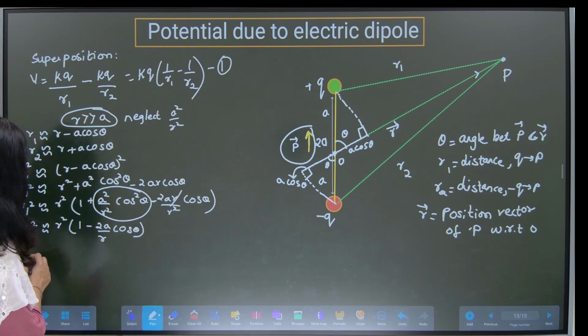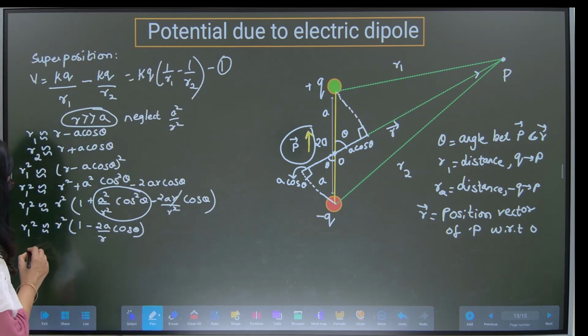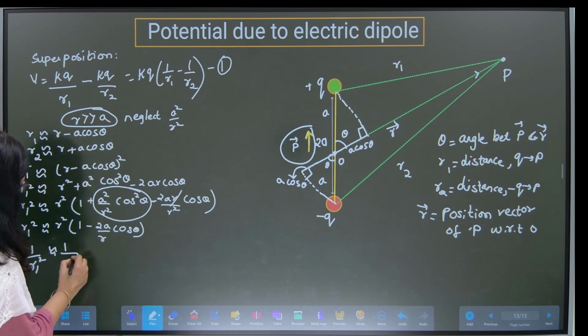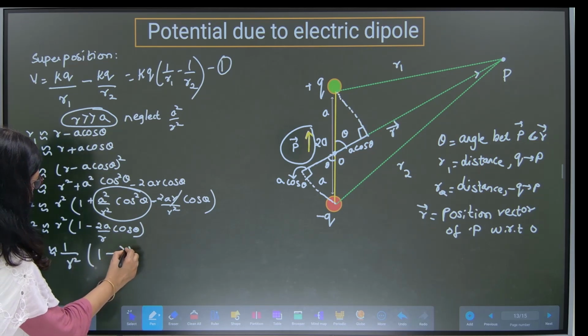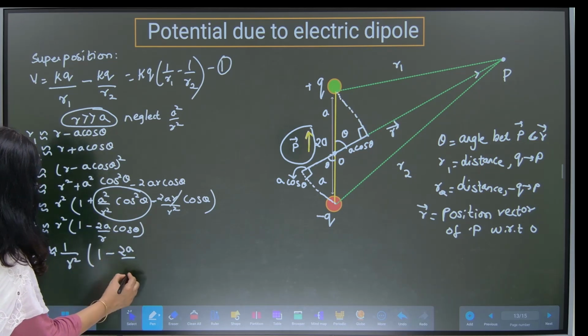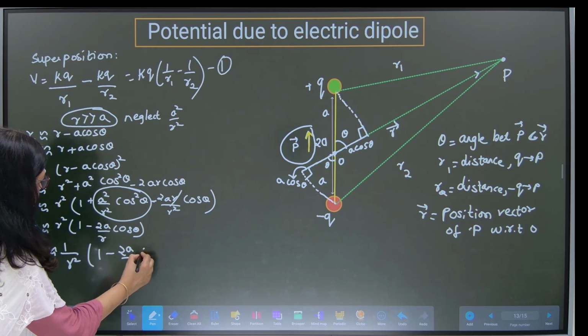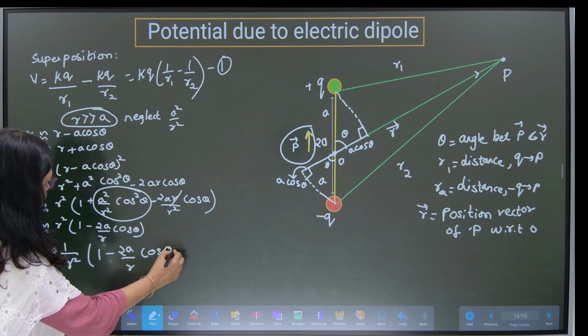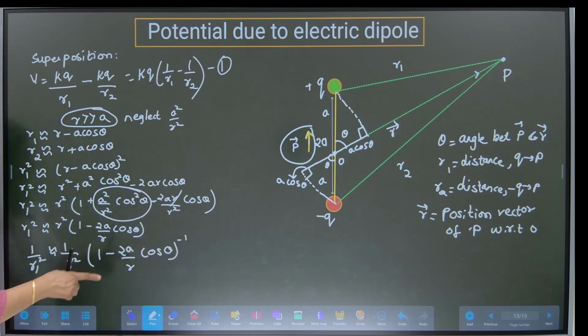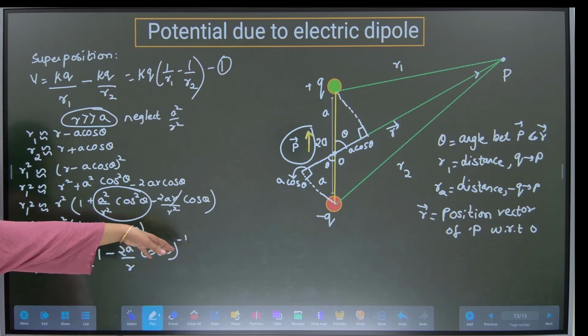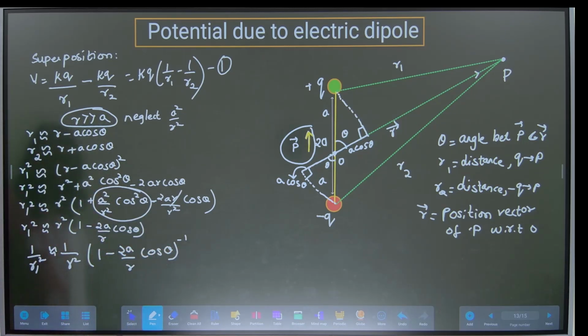Now, taking the reciprocal on both the sides, we have 1 upon R1 square is equal to 1 upon R square, and this term I am writing as a power of minus 1, taking it as reciprocal.